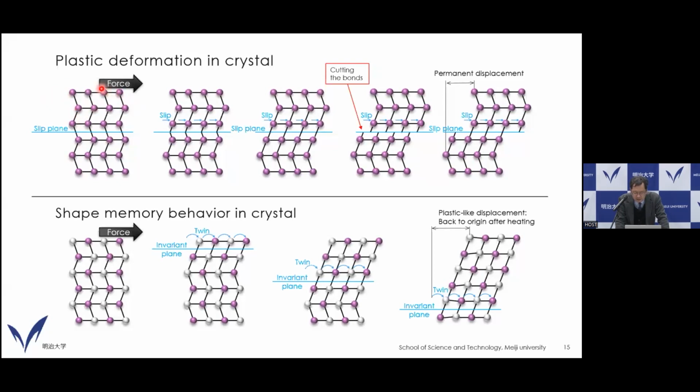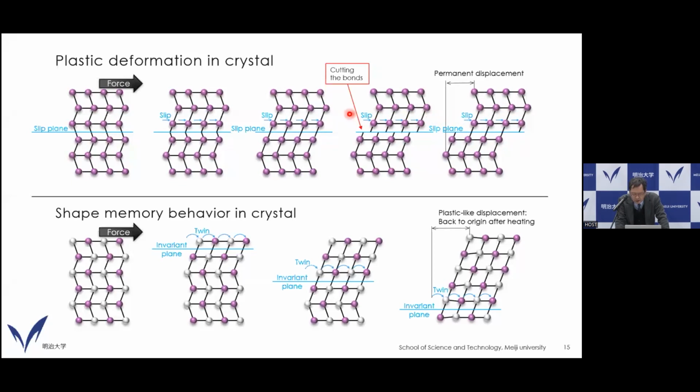Some force is applied at the top of the crystal. So the atoms move in this direction, and beyond the elastic deformation, plastic deformation has occurred. The atoms in the upper side of the crystal slip, cutting the original bonds and making new bonds.